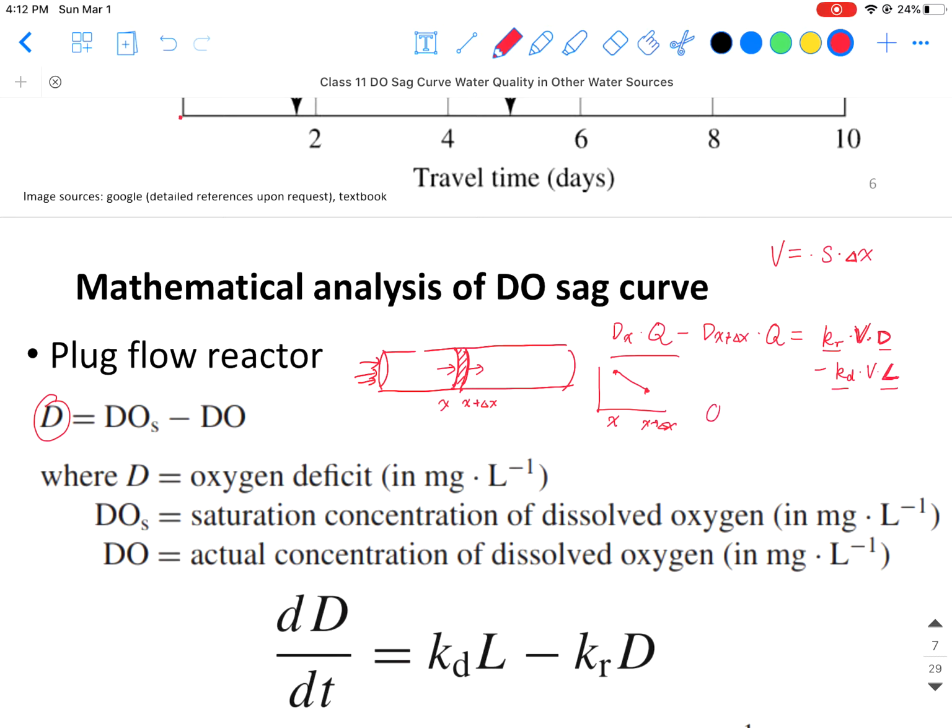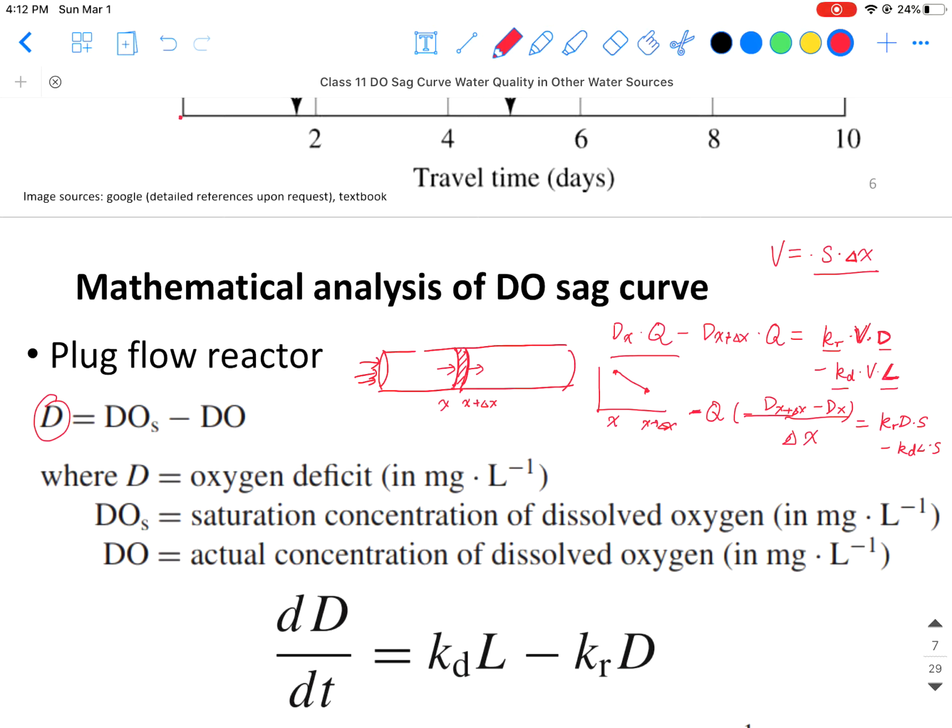So what we can do is take out the Q and then basically minus the quantity D at x plus delta x minus D at x, divided by delta x. So basically we move this term to the left hand side. Okay, that's going to be equal to Kr D multiplied by S minus Kd L multiplied by S.